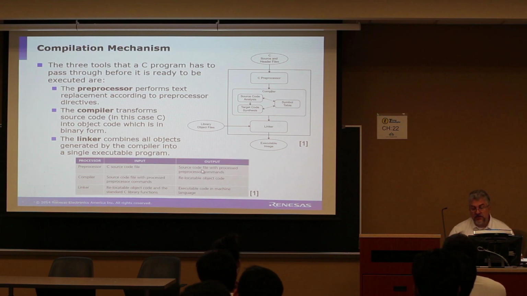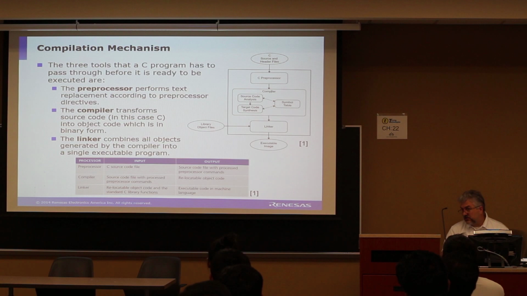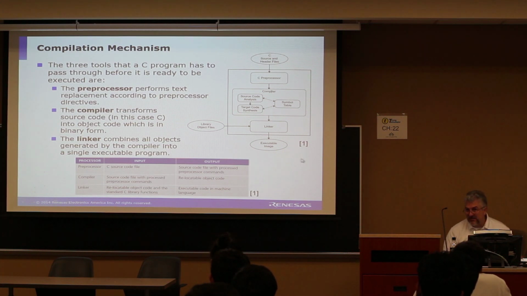The output is source code that has been preprocessed, with things like macros evaluated, and if they replace something inside of your code, then that will be done already. Then the compiler takes that output from the preprocessor, and it will create a relocatable object file. Relocatable means that it could be anywhere in memory.